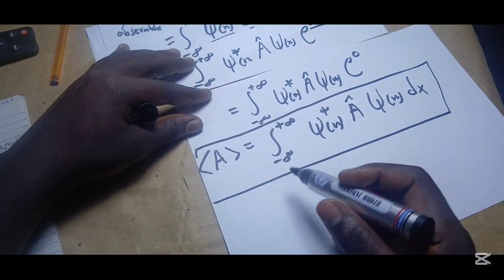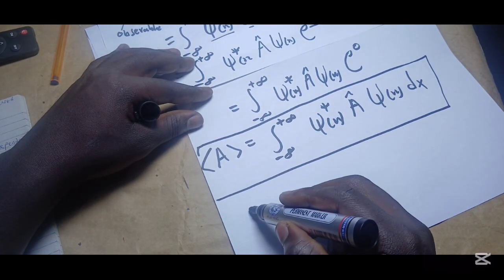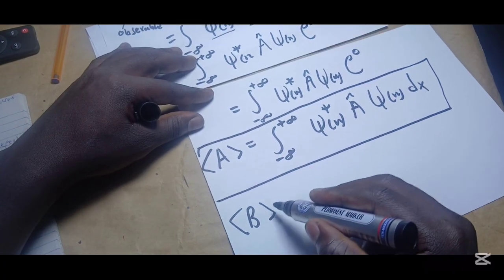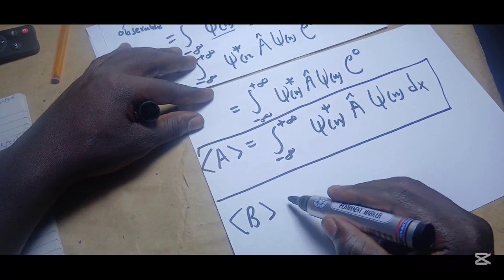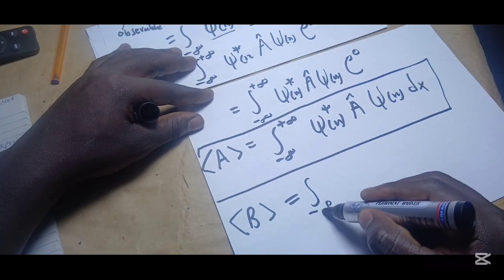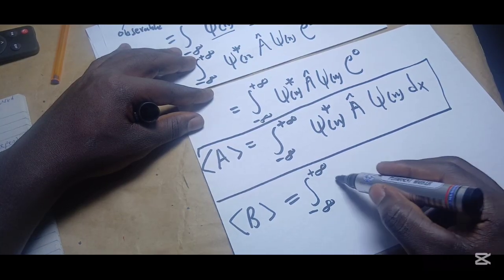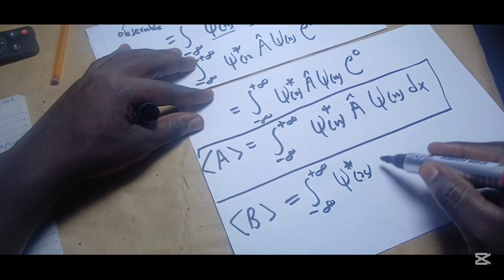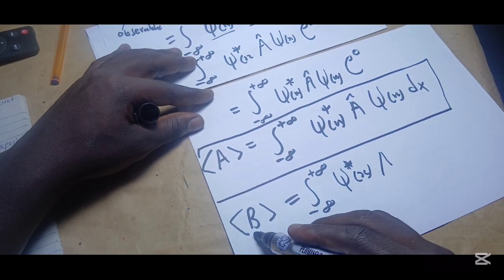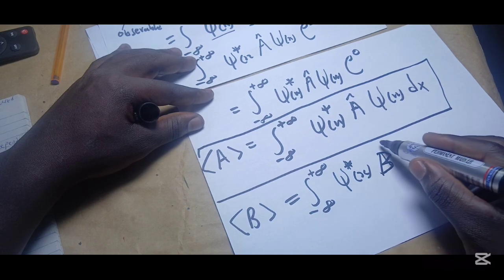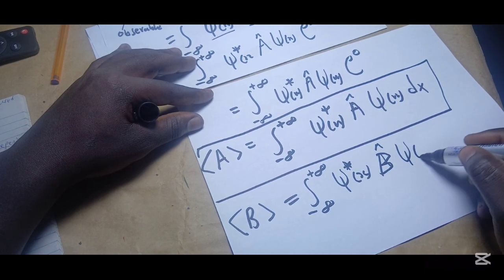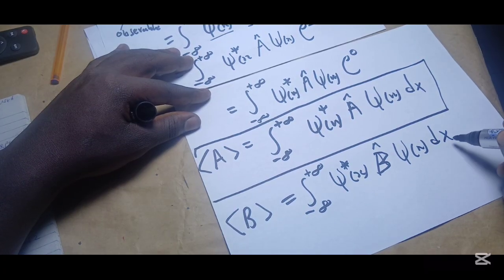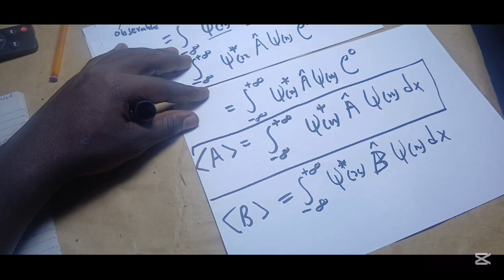So if you are to find the expectation value of, let's say, an observable B, you can just write it as the expectation value of observable B equal to the integral from negative infinity to positive infinity of the complex conjugate of the given wave function, the operator corresponding to the observable B, in this case B hat, and the wave function. If it is in terms of x, then you bring in your volume element.